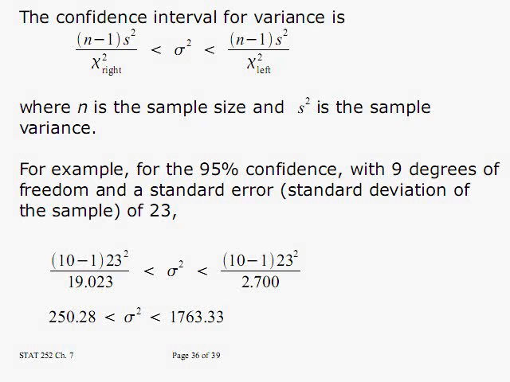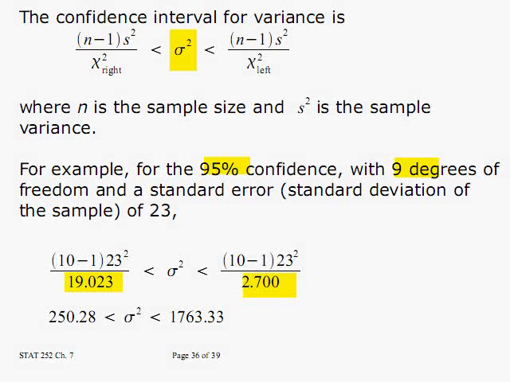Now you can use those values to compute the confidence interval for the variance for the entire population. So here's the equation we're going to plug into. We just did the one for 95% confidence level and 9 degrees of freedom, so we know those values. Here they are, 19.023 and 2.7. Okay, so n minus 1, of course, is 9.